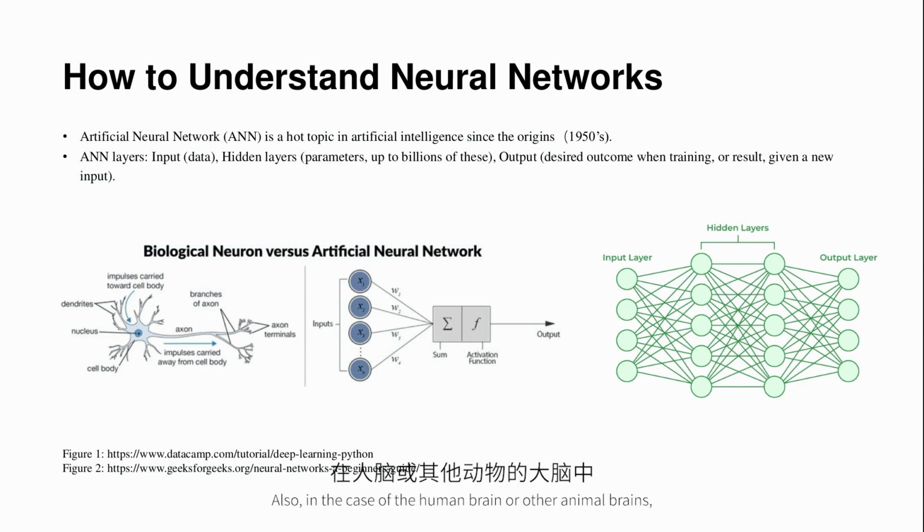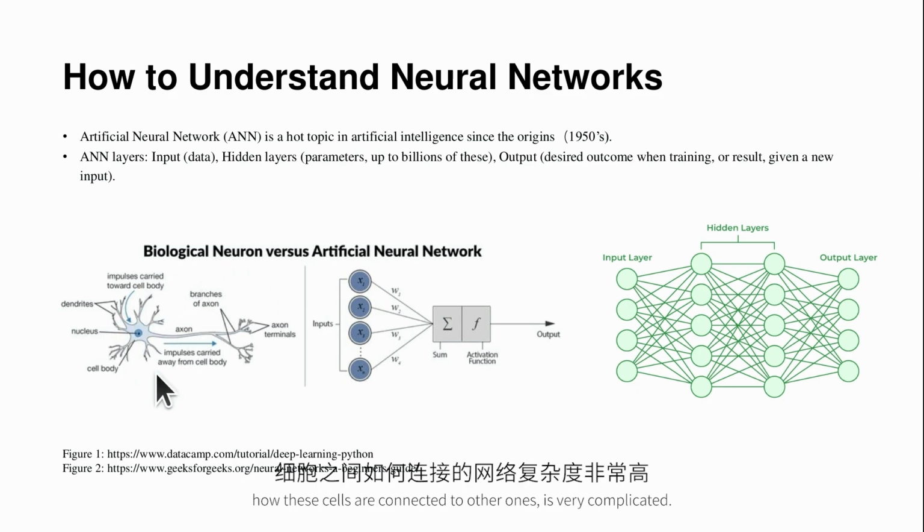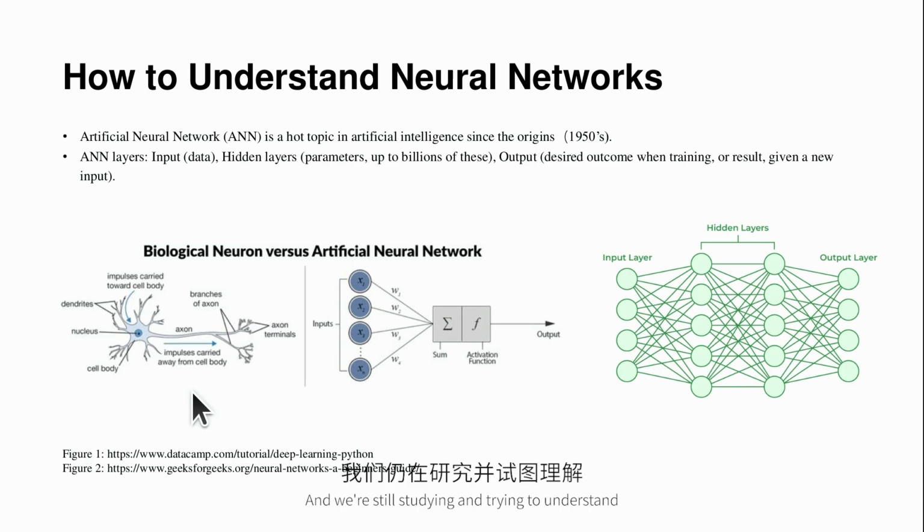Also, in the case of the human brain, or other animal brains, there's a lot of interaction, and the complexity of the network, how these cells are connected to other ones, is very, very complicated. We're still studying and trying to understand how the connectivity functions and what type of functions these biological networks might perform. So what we see here in the context of computers on the right is really a simplification.